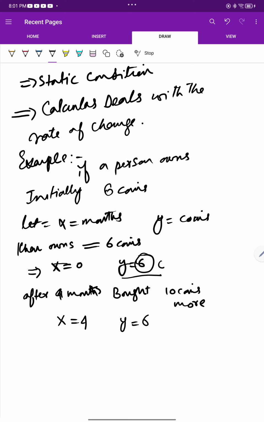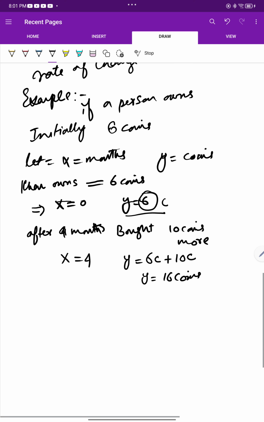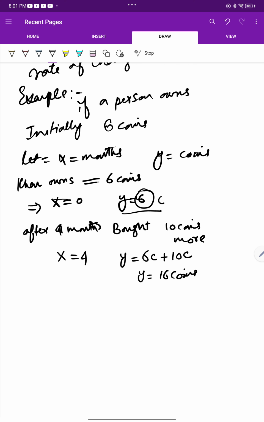Initially we have 6 coins, plus someone bought 10 coins more, which implies that y is equal to 16 coins. At this stage x is equal to 0, y is equal to 6. Now, after 4 months, that person bought 10 coins more, so the value of the coins we have now, after 4 months, is 16 coins.